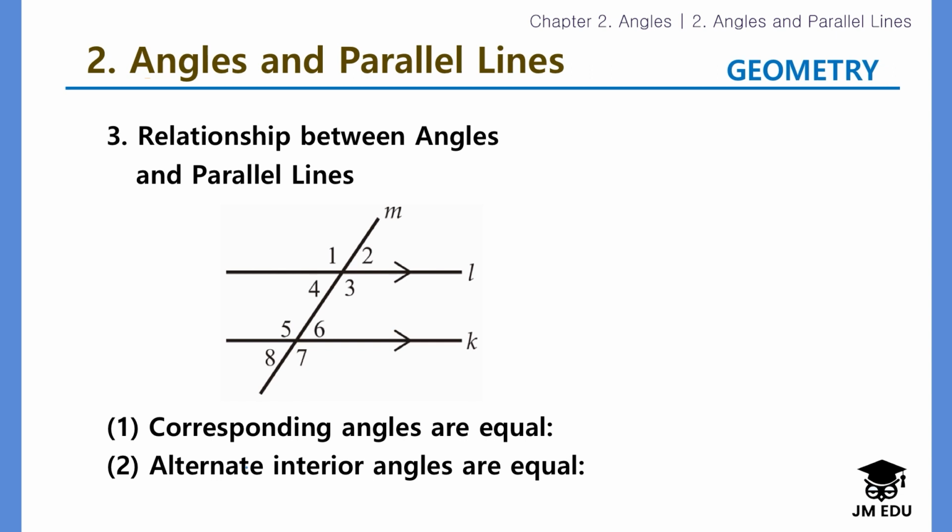So angle 1 is congruent to angle 5, and angle 2 is congruent to angle 6, and angle 3 is congruent to angle 7, and last, angle 4 is congruent to angle 8, right?